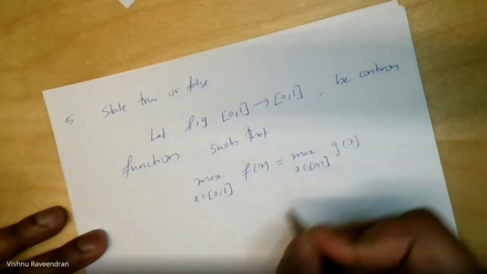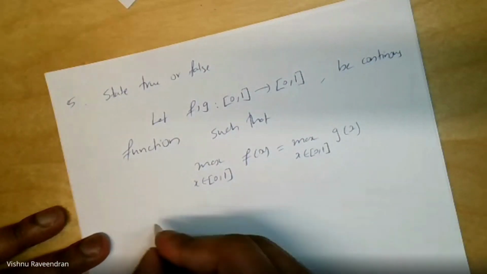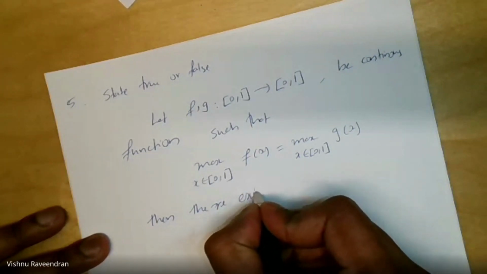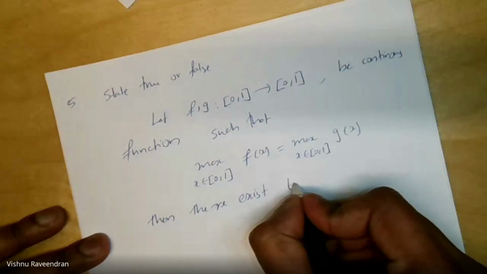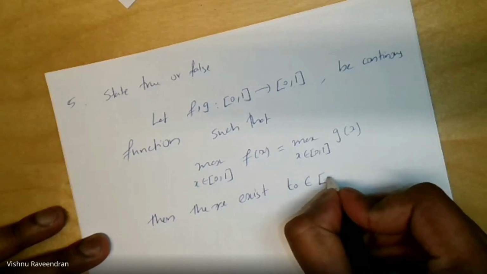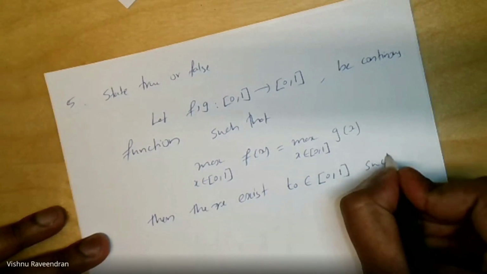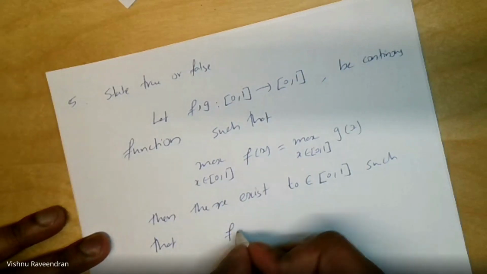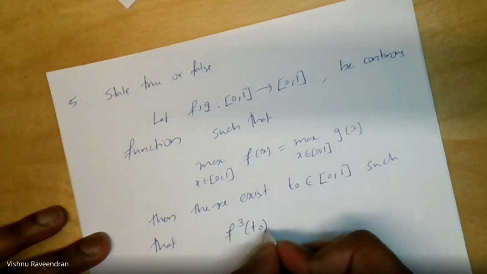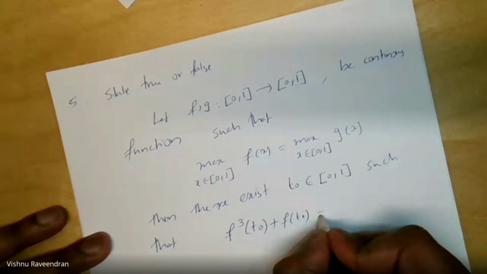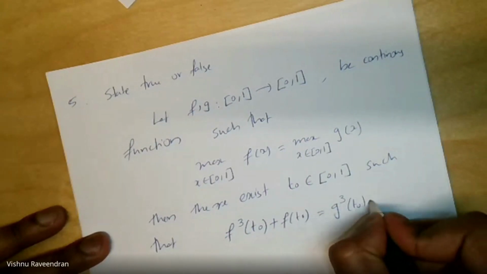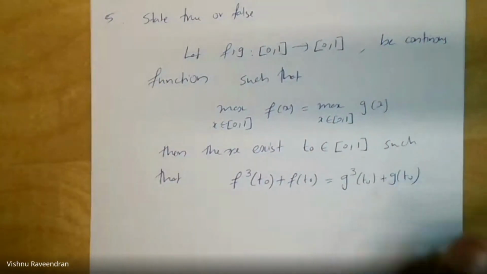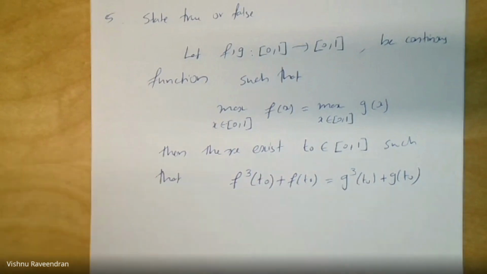Then there exists t naught in 0, 1 such that f cube t naught plus f of t naught is equal to g cube t naught plus g of t naught. This is a statement. So you need to tell me whether this is true or false.